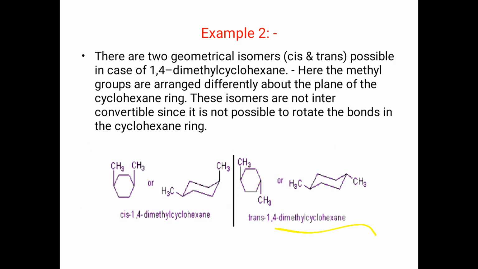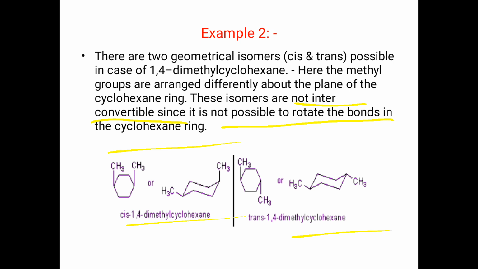These isomers are not interconvertible, because it is not possible to rotate about the bond in the cyclohexane ring.